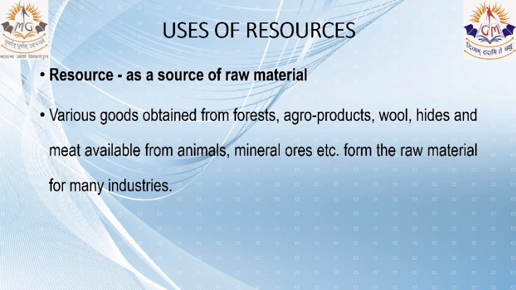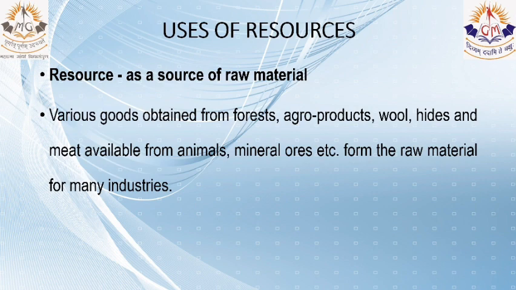Agro products, for example, paper. We already taken that example. Paper comes from the wood pulp that we make, and wood pulp comes from wood. So wood grows in the forest as trees. We collect that, we use it in the industry.